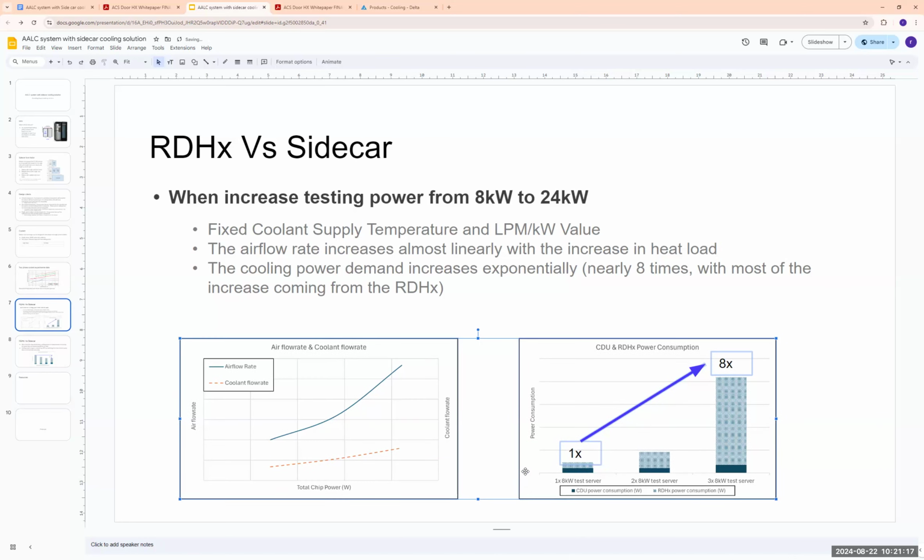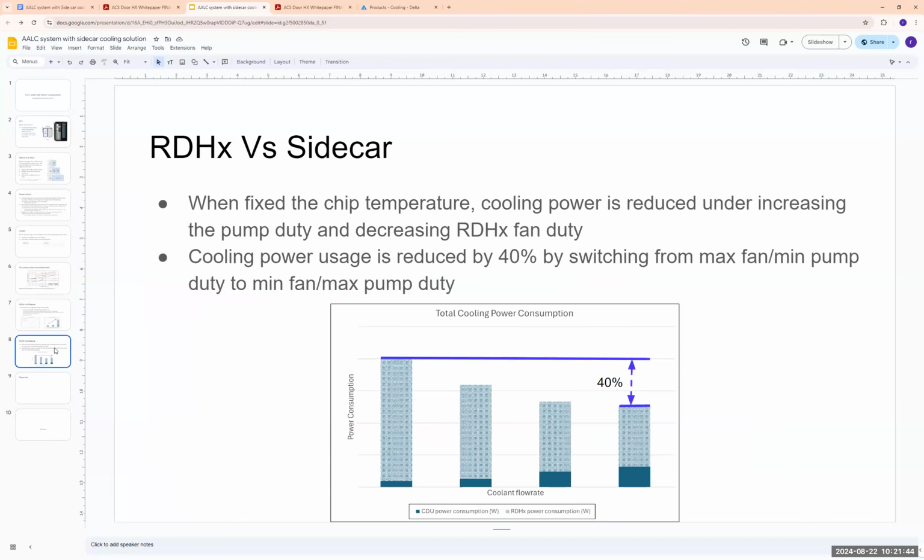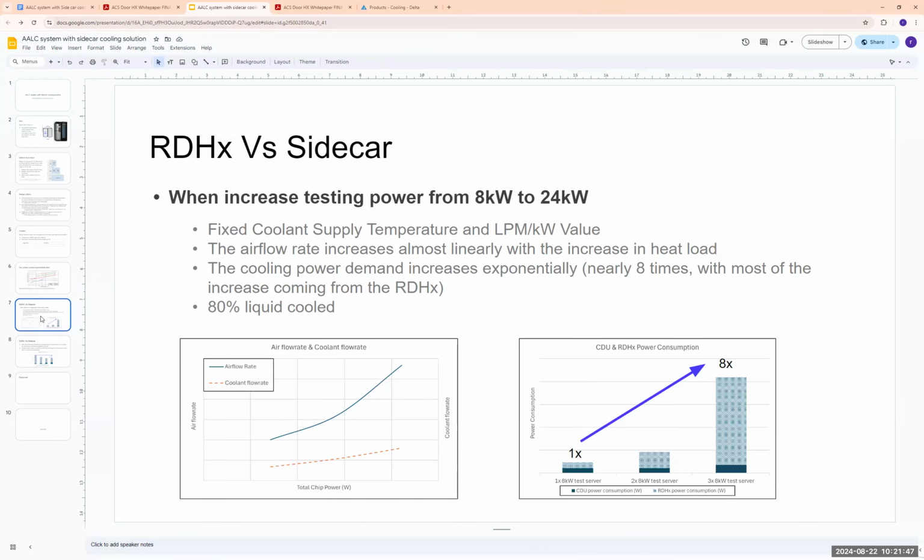Yeah, so these results are, I think, for the GPU. So can we say this is like 80% liquid cooled? Yeah, put a range. There is not one value which is right. Okay. There is a range. But we can pick a value for the comparison. Yeah, because for this one, these test results are done by Vivin, right? So they already know what is the percentage from this test.